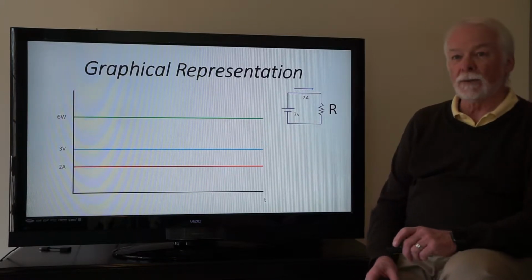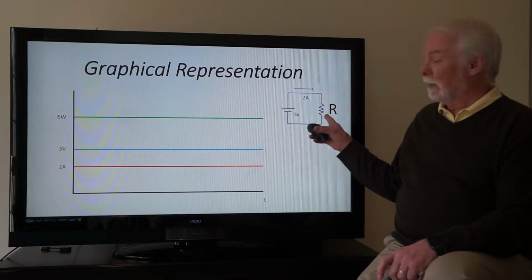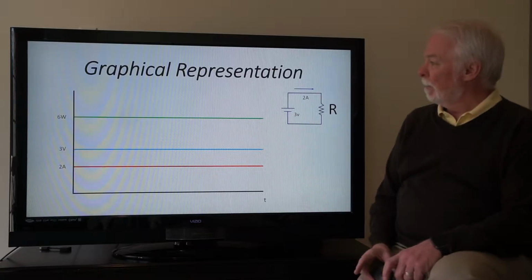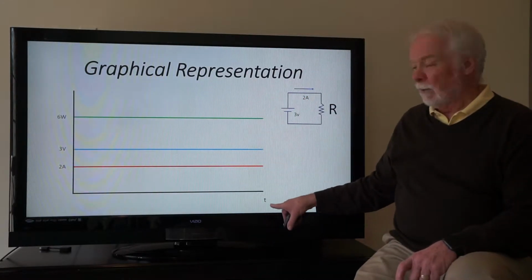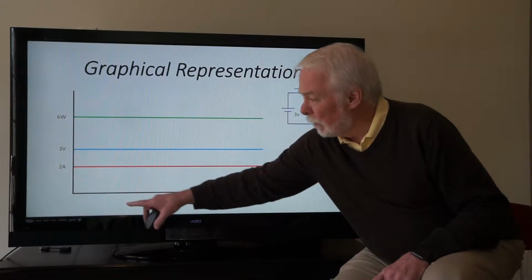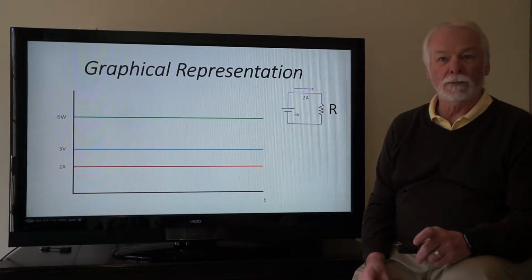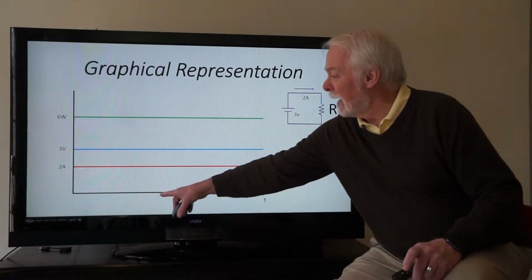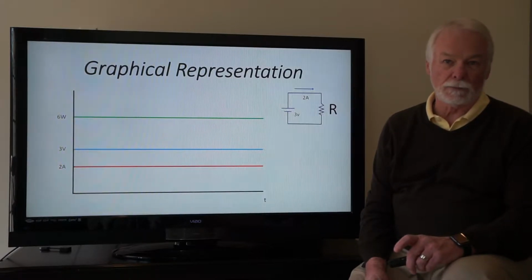Now, here's a simple schematic and graph of a resistive DC circuit. On our graph, the x-axis represents time, with 0 being the point that we'll start monitoring the circuit's output, and the elapsed time from that 0 point will move to the right.